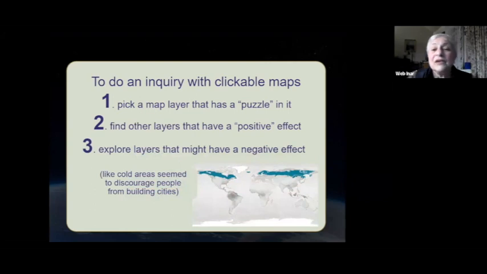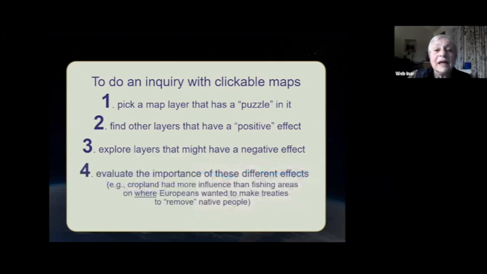You can explore layers that have a negative effect on, for example, building the ancient cities. It just was too cold and probably still is too cold. And the students can look at the influence of what was available in nature on where Europeans, European Americans, decided to demand that treaties remove native peoples.